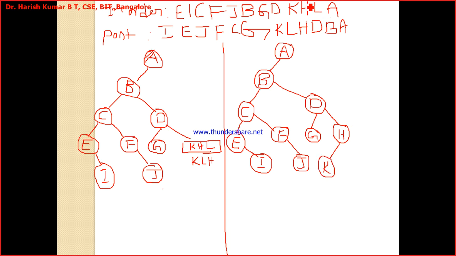Now I look to the right side of H. It is L. I'll check my tree whether L has taken its position. L has not yet taken its position, so it is going to be the right child of H. So this is your binary search tree constructed using the Inorder and post order traversal.